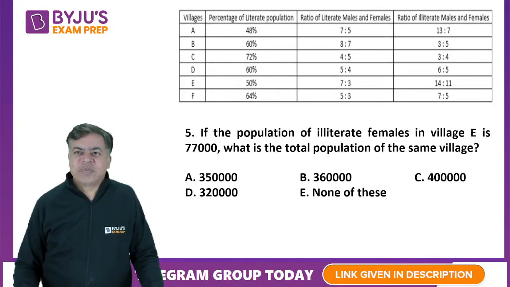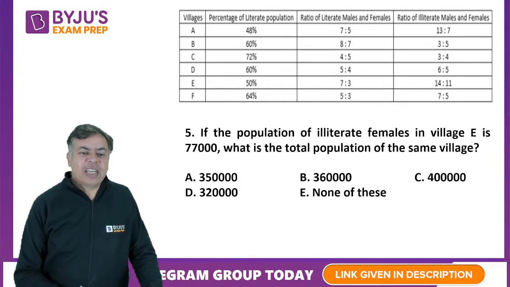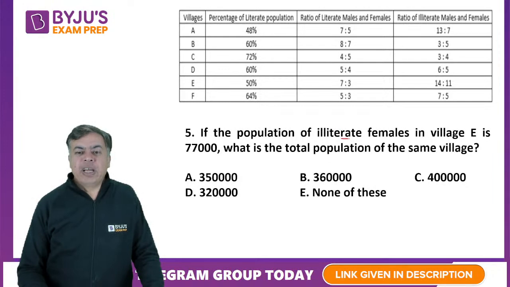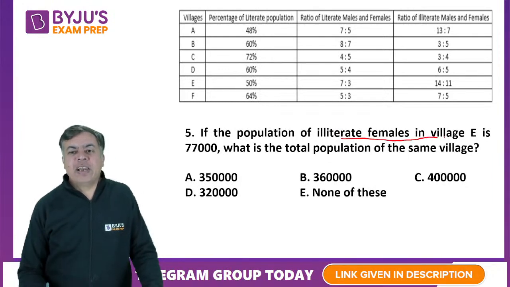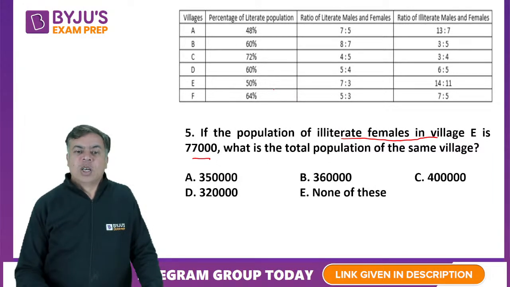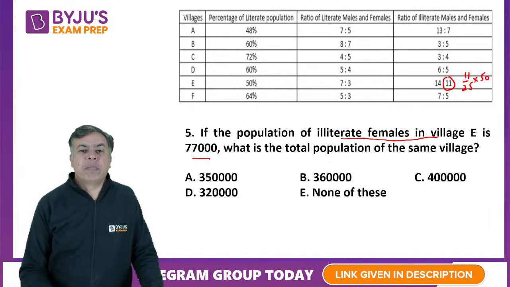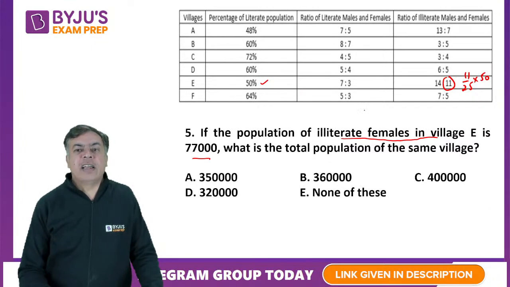Okay, let's see. If the population of illiterate females in village E is this, next one, try it. In village E, the illiterate females are 11 out of 25 out of 50, because 50% are literate, so 50% are illiterate.